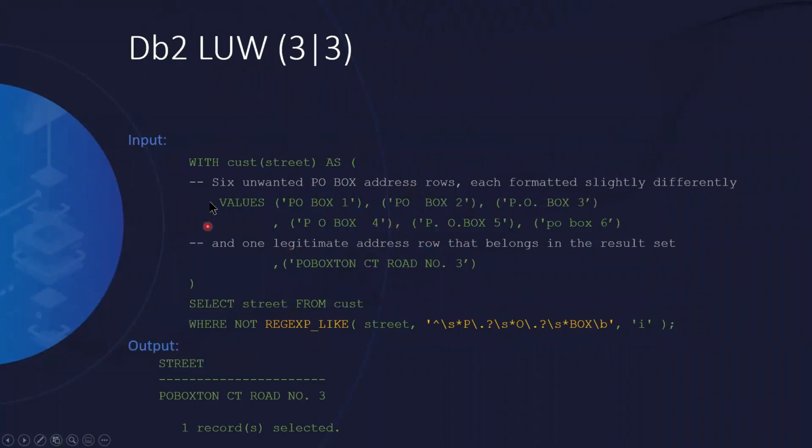So, for example, here's my common table expression, and I'm populating my common table expression with some values: PO Box 1, PO Box 2, and as you notice, these are all variations on a format. But I'm actually looking for this one, so I'm adding this one into my common table because this is the one I'm looking for. So I'm selecting a street from cust, my common table.